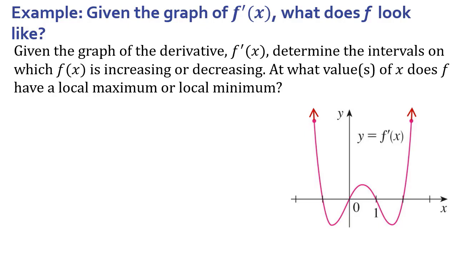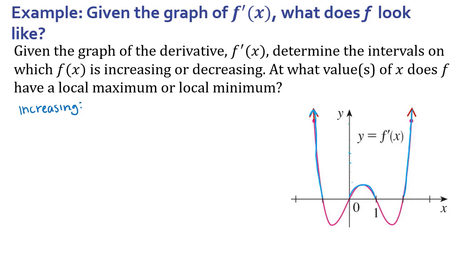Okay, so let's first look at increasing. So we just said that a function is increasing if its first derivative is positive. Okay, so here we can see the first derivative. So positive means these y values are positive, so they're greater than 0. So the y values are greater than 0 here, they're greater than 0 here, and they're greater than 0 here.